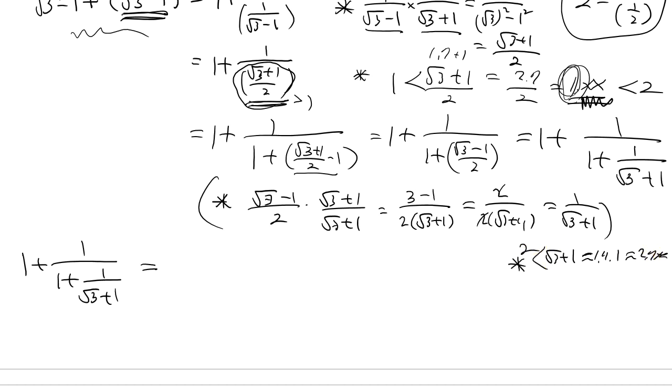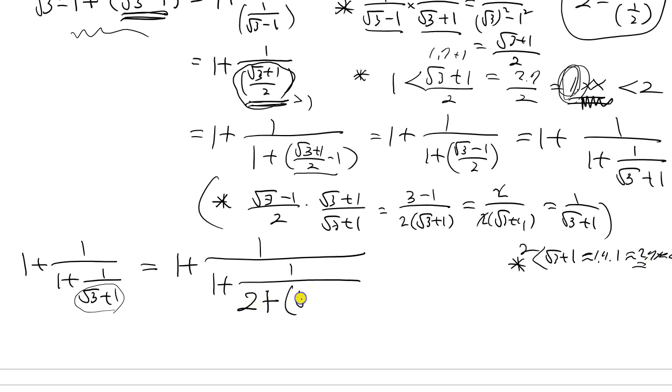So it's between 2 and 3, right? That number. So let me just do it right away because we know how to do that. Square root 3 plus 1 has 2 as an integer part. So bring out 2 first. Then the remaining one is square root of 3 plus 1 minus 2, right? So let me just put negative 1 again.